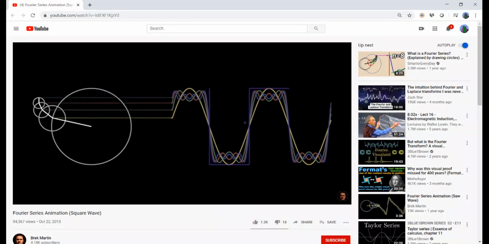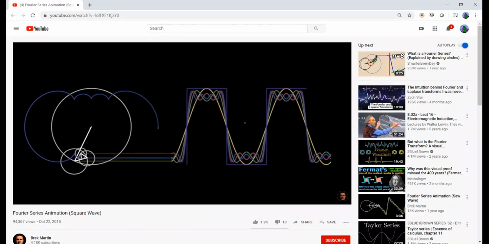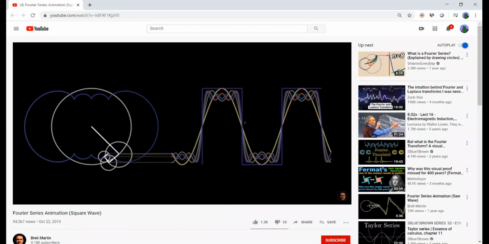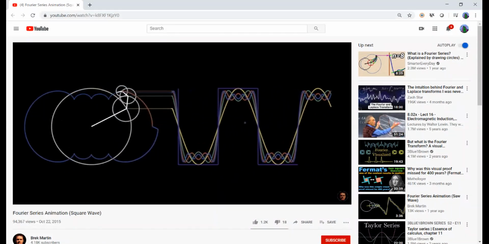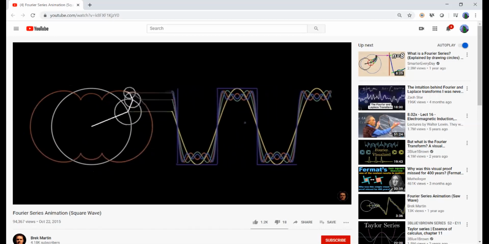This animation is showing you what happens if you literally superimpose all of those. And you can see it's looking close to a square wave, right? The function that we had. So that's the meaning of this Fourier series theorem.